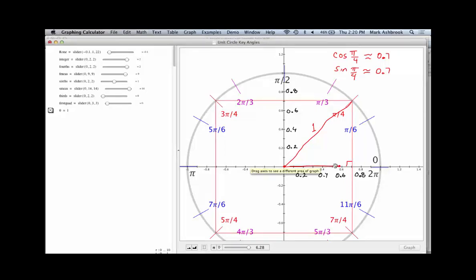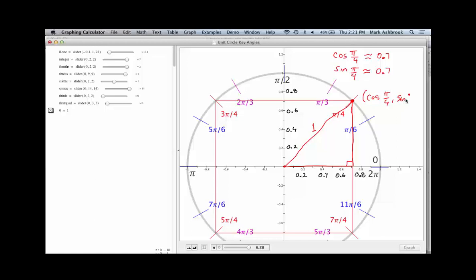So what does this right triangle have to do with cosine and sine of pi over 4? Cosine would be the x coordinate of the point. Cosine pi over 4 and sine pi over 4 are coordinates.